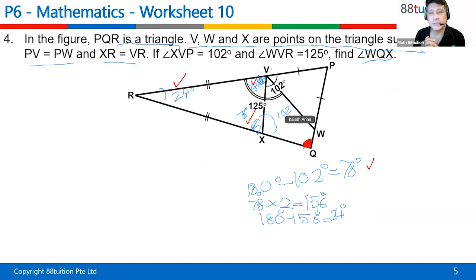Kaiser wants to identify the angle at the bottom because it's on a straight line. So one side is 78, therefore the other side is 102 degrees. 180 minus 125.